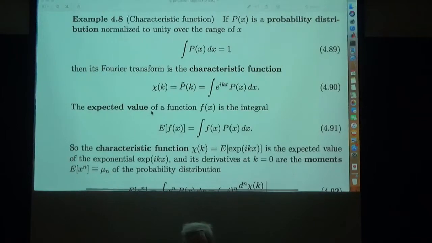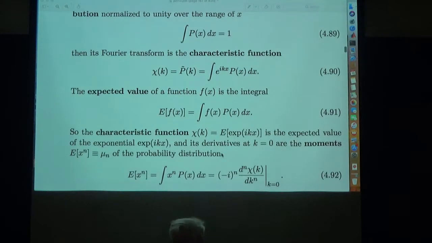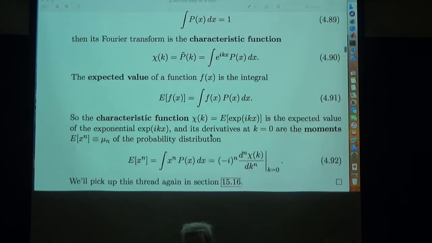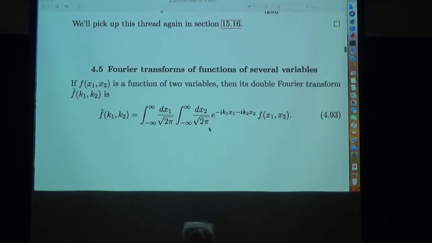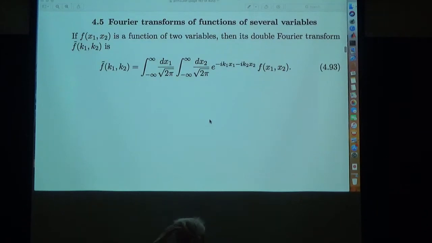Here is a definition of the characteristic function, which is a key concept in probability theory. When I was an undergraduate, I never took a course in probability theory. I became a graduate student without ever hearing about characteristic functions. Turned out they're very important in probability theory, and anything that's really important in probability theory is important in physics, because of course physics is really all about probabilities, even classical physics.